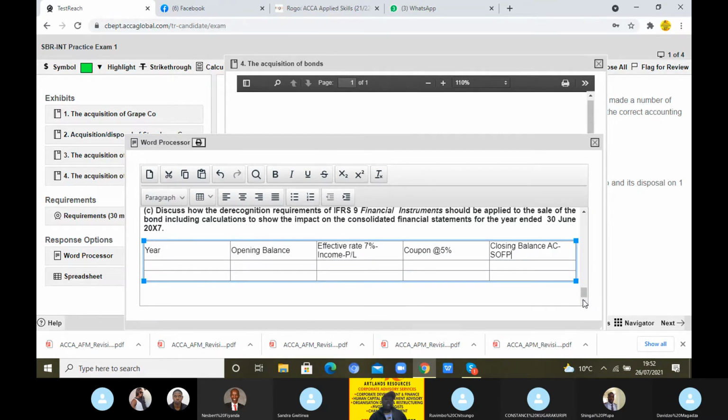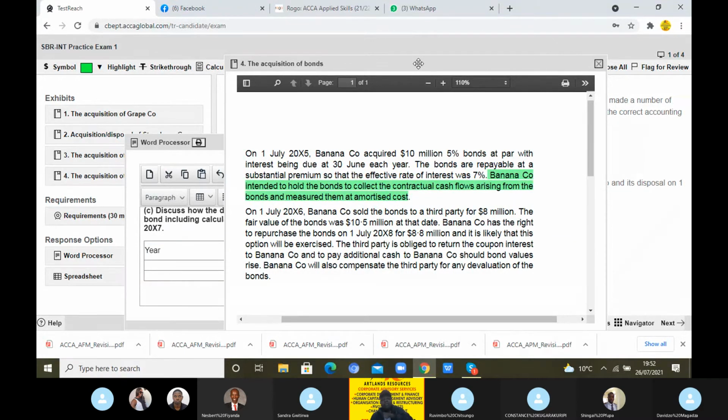So Banana has said it has disposed these bonds, yet it still owns the bonds. So what happens is on July 20x5, and this year for Banana is which year? It's 20x6. I mean, it's 20x7, sorry.